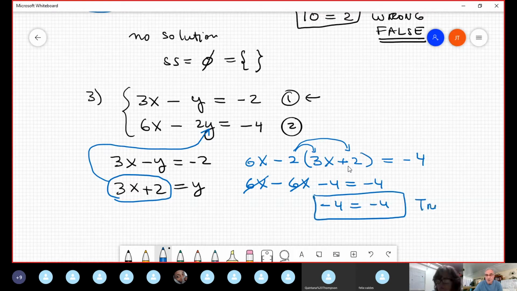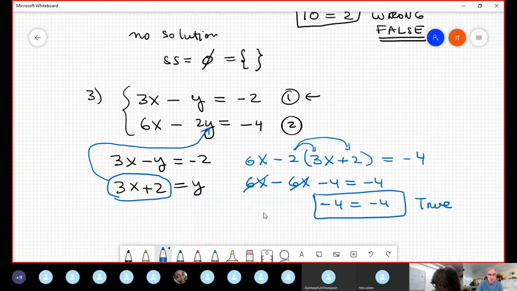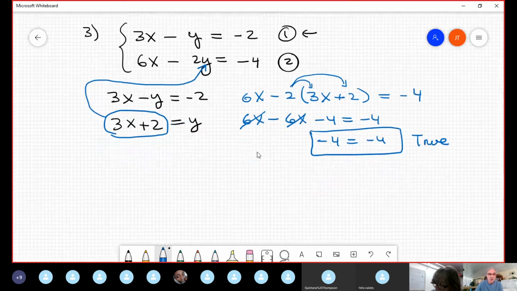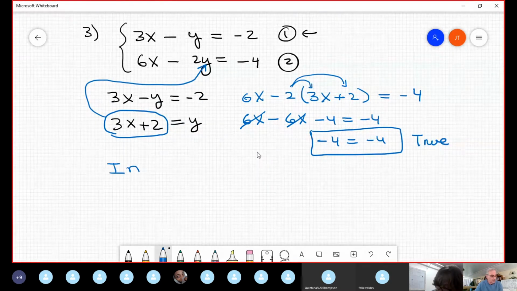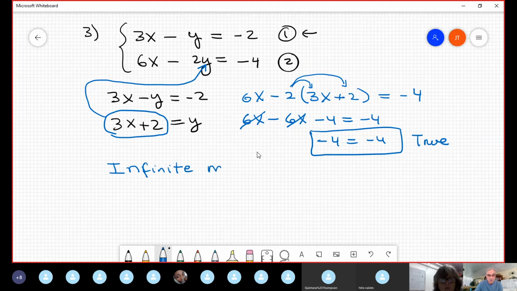It's a true statement, completely different to this. This was a false statement. But in this situation, we have a solution, we have infinitely many solutions.